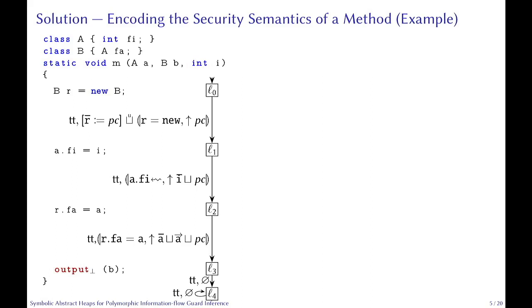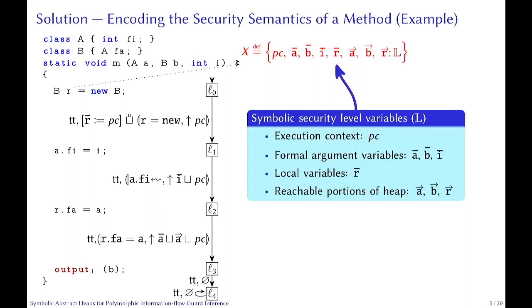As I said, we have state variables associated with those symbolic transition systems. Here we have only security level variables, which we use to encode the information flows in this method.